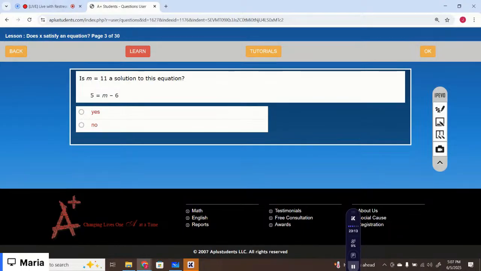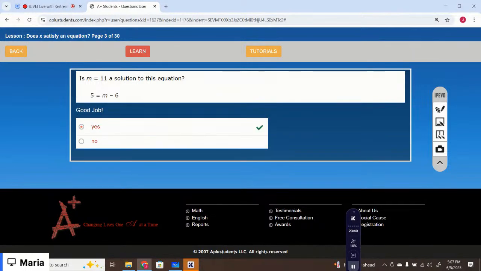Is n equals 11 a solution to the equation? Which is the correct one? So yes, 11 is the solution of the equation. Option number one is the correct option.